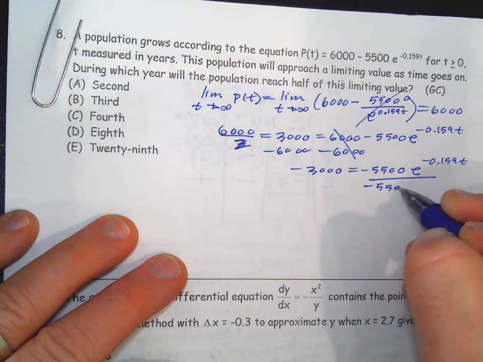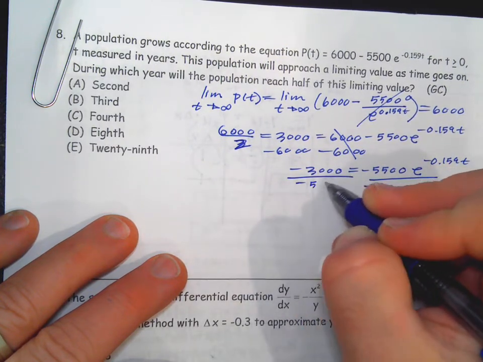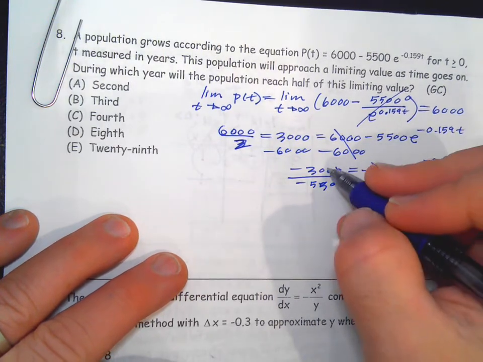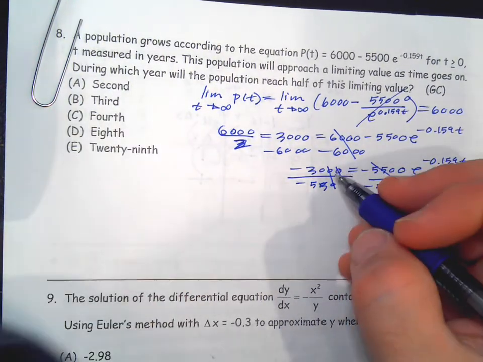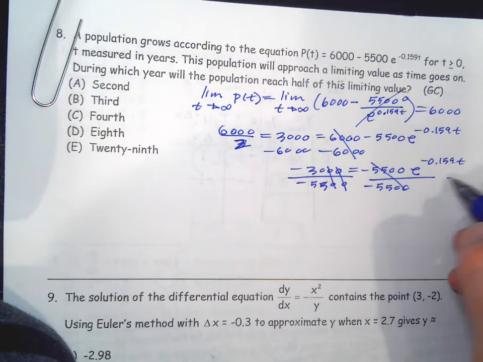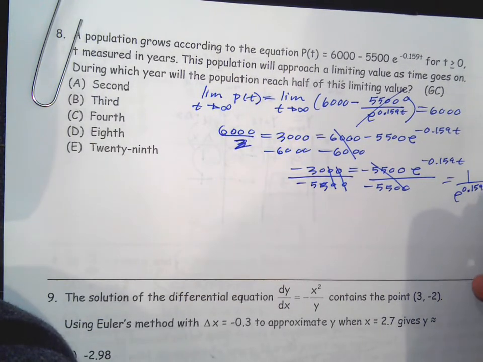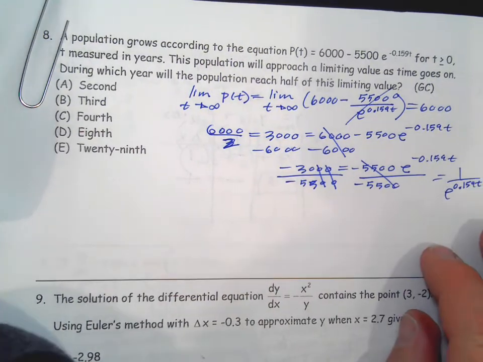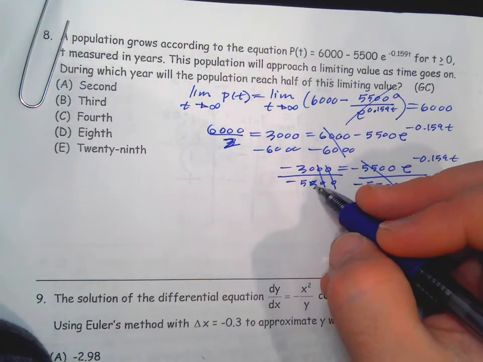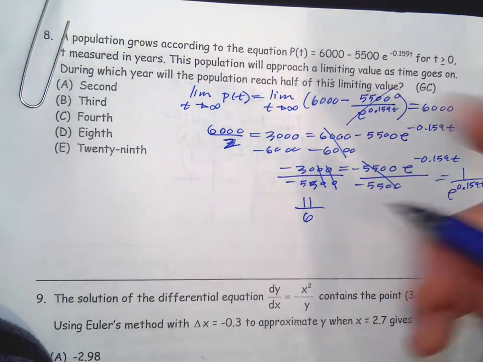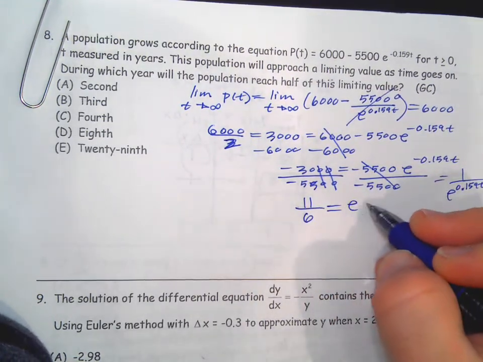Just doing the algebra. I'm going to flip both sides because this is in the denominator as a positive exponent. I think it's going to be easier to make it a positive exponent. So we take 5 out of this, 11 over 6. I'm flipping it so I can flip this side.